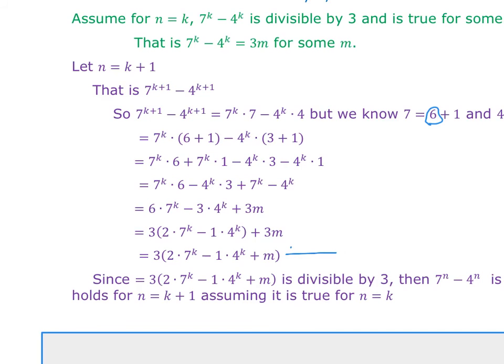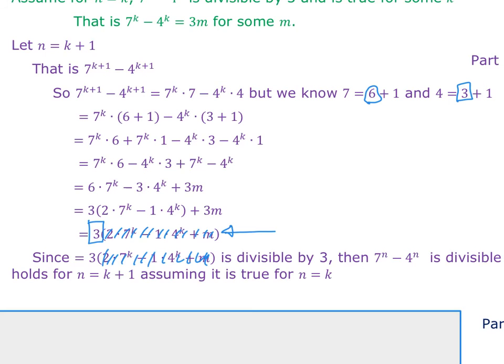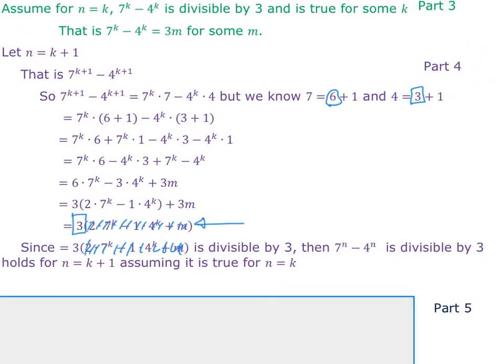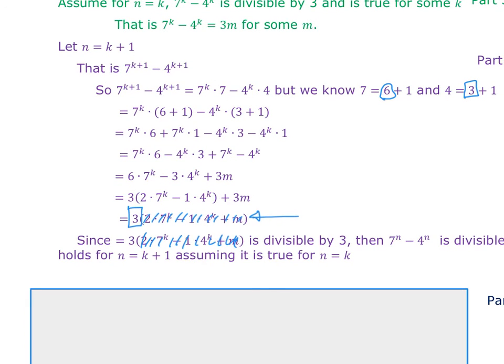Right here, what we have is some number that is a multiple, or in other words, divisible by 3. So since 3 times that number is divisible by 3, then 7^n minus 4^n is divisible by 3, and it holds for k plus 1, assuming it's true for k, for n equals k.